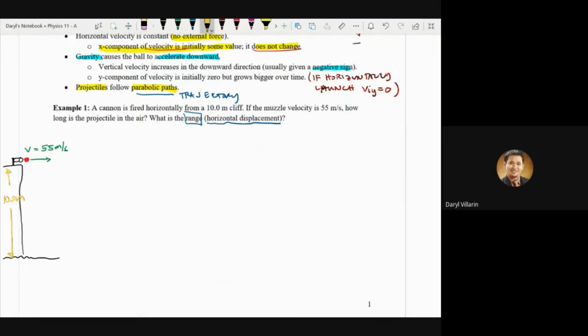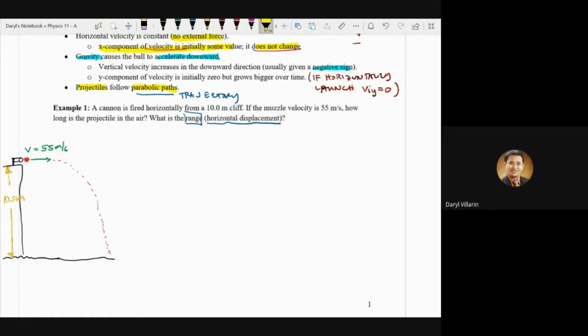Okay, so those are the two pieces of information that I'm given. Initially, yeah, but I know that eventually this will move in this direction. Although not necessarily it should be here. 55 meters per second is quite fast. So maybe this is not necessarily drawn to scale. Okay.